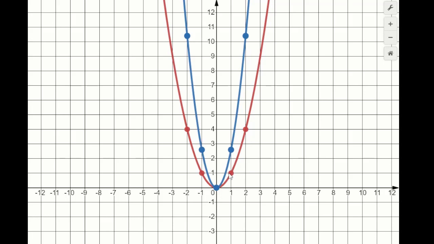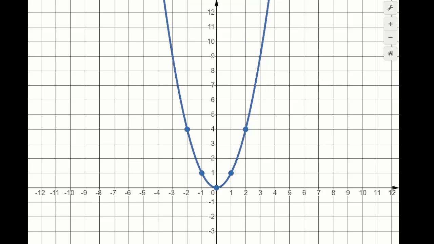Relative to the parent function, you can see that these points are being vertically scaled up higher. That's what I'm calling vertical scaling. Or the same thing about the same point right here. Let me put these back in the original spot.